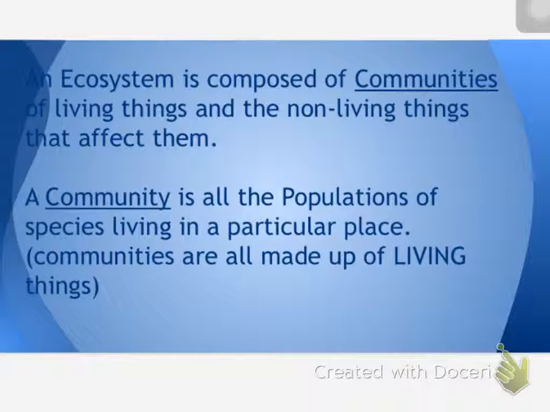In biology, a community is made up of only living things. Okay? The community does not include any of the non-living things. So a community is all living things. The non-living things are not part of the community.